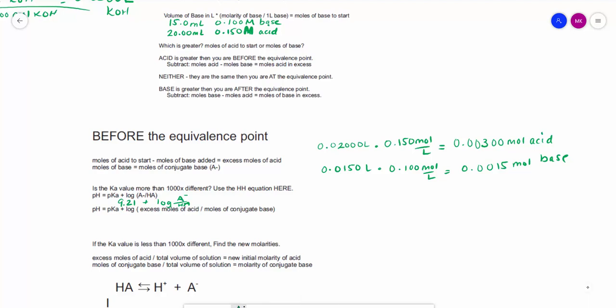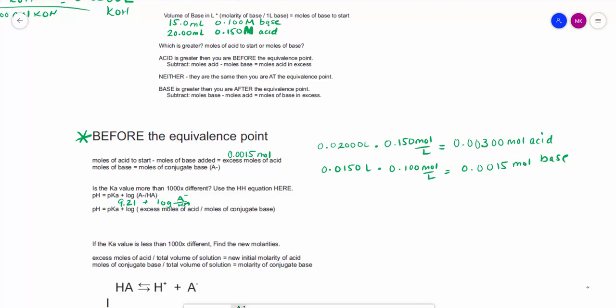Just to double check, at this point I have more moles of acid than I have of base. That means I am definitely before the equivalence point, as we defined. So I need to subtract the amount of base from the amount of acid, and that is the excess moles of acid. So I have 0.0015 moles of acid in excess.